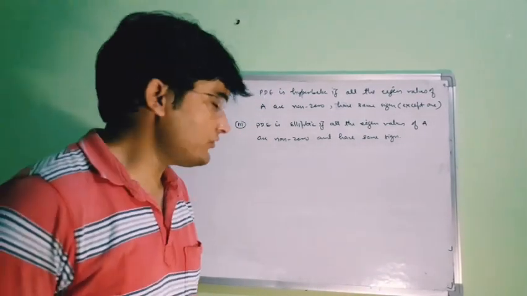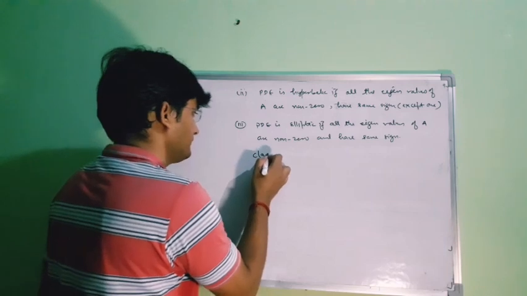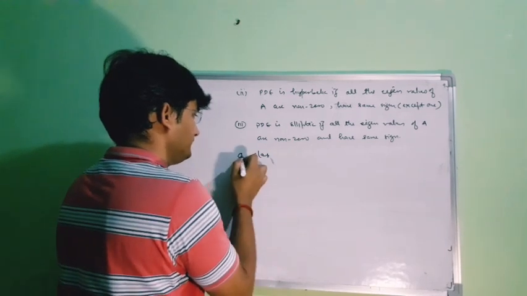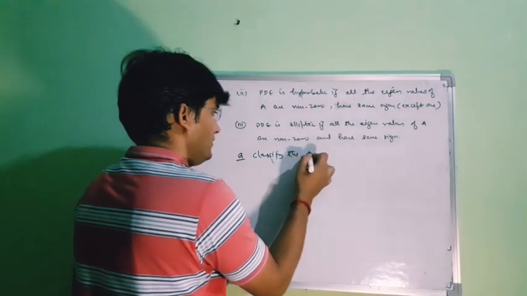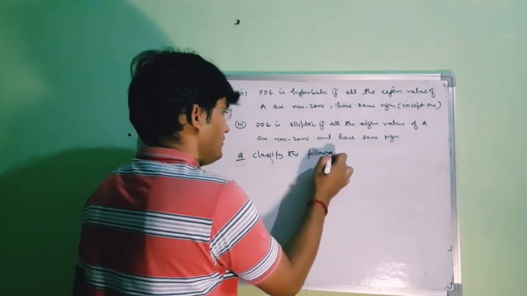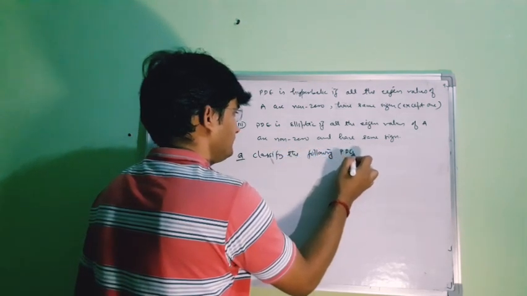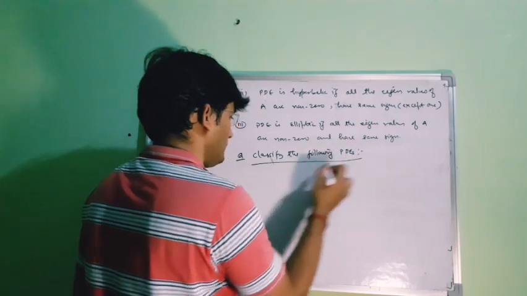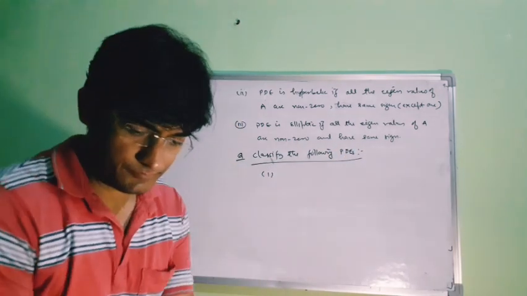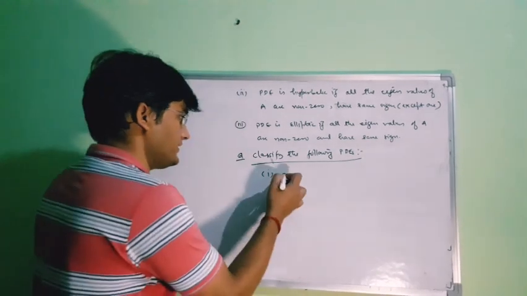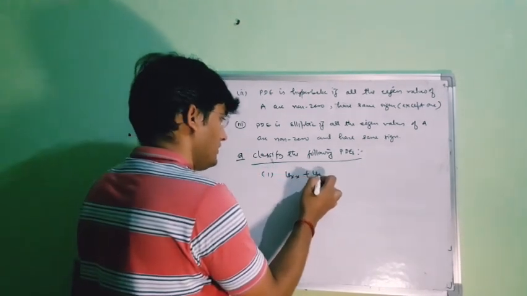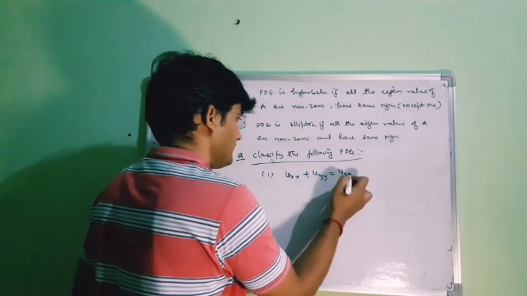Classify the following PDEs. The first one is uxx plus uyy equal to uzz.